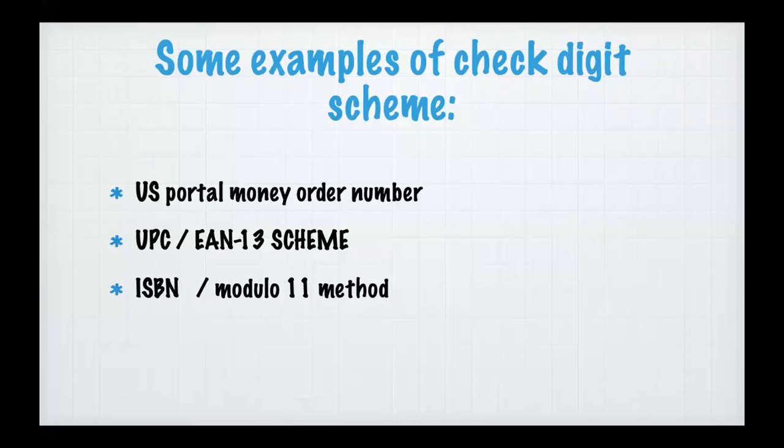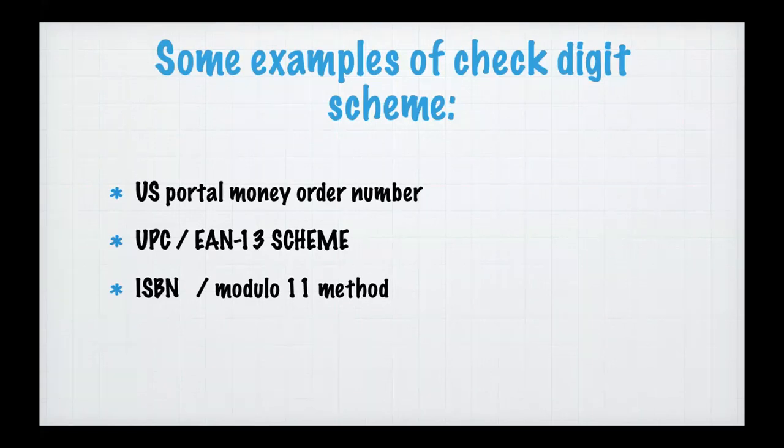Instead, the EAN scheme multiplies the position of that digit to the digit, adds, and then takes the remainder. So yeah, we will discuss these schemes in detail. I'm just giving you an idea.